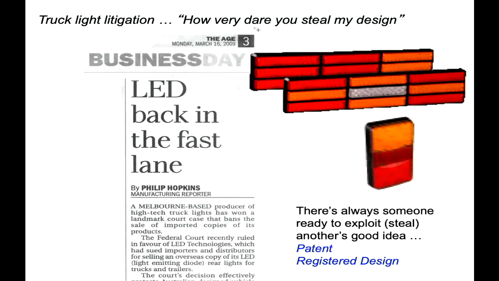He was making lots of money out of it because they used a lot less power, so trucks could put a lot more lighting all over themselves without running down the battery too much. So he did very well until, let's just say, another company thought, hey, we'll pinch that idea and produce them ourselves at a cheaper rate, because we don't have the development costs the first person had, and we will be able to get a market share.